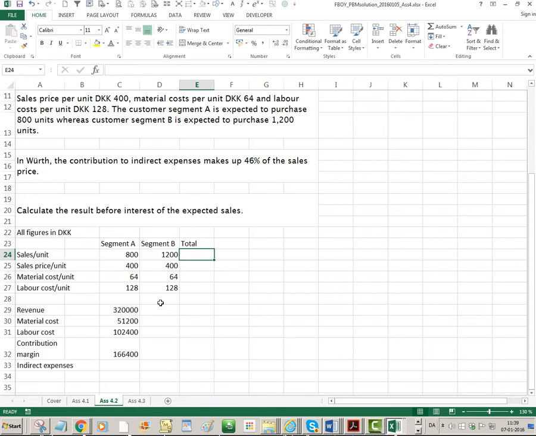Okay, indirect expenses here. Of course, we can do things in different ways. I like to make those percent visible, but anyway, I will maybe choose not to do it here. So we'll just take the 46% of the revenue, sales revenue here. So much.